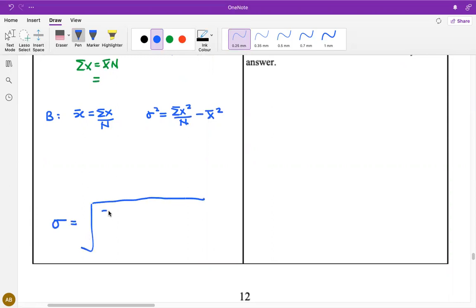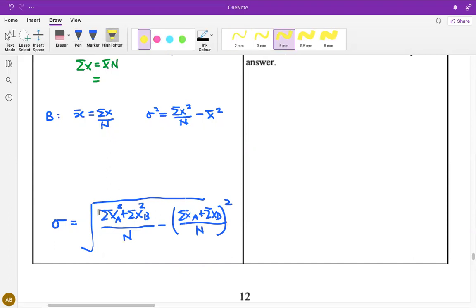So I need to find the sum of x squared for A plus the sum of x squared for B, divided by the total number, and then minus the sum of x A plus the sum of x B divided by n, all squared.